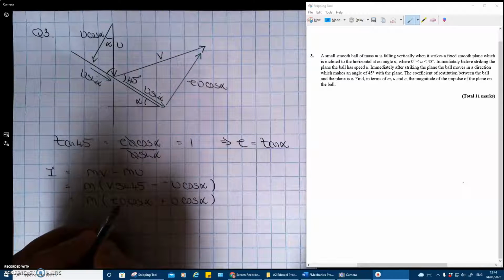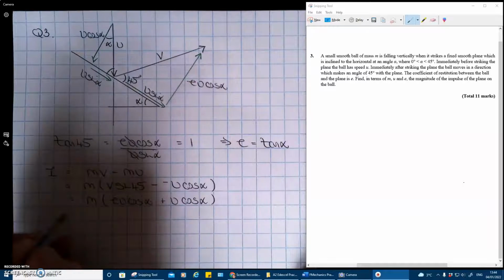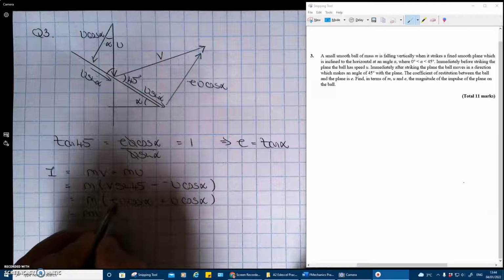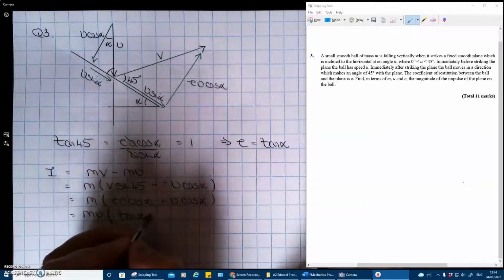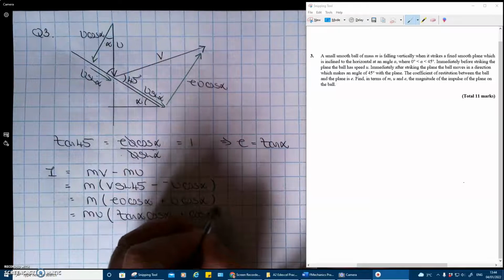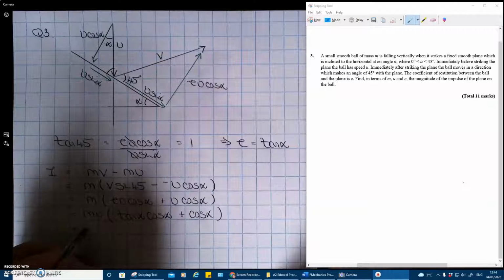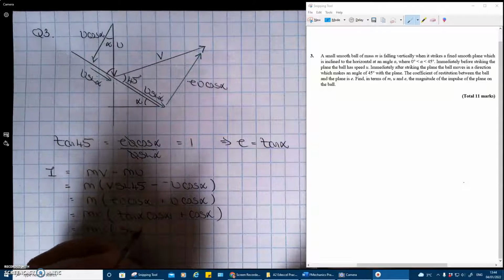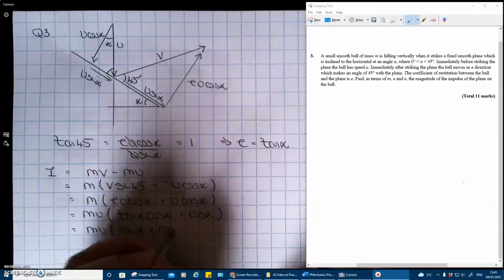Okay, so we know E is tan alpha. Let's take the U out. So MU, E is tan alpha, so we get tan alpha cos alpha plus cos alpha, which is MU sin alpha plus cos alpha.